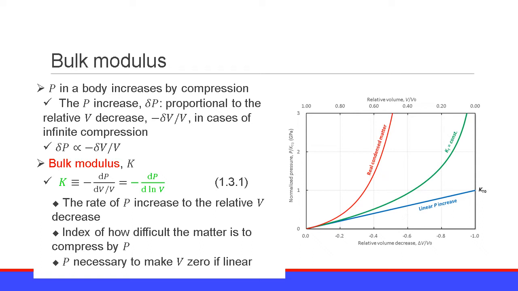The relative pressure rapidly increases with decreasing relative volume, or with increasing volume decrease. If we extrapolate this compression curve at zero pressure linearly, the bulk modulus K is found at the right side of this diagram, namely at relative volume 0, or a relative volume decrease of minus 1.